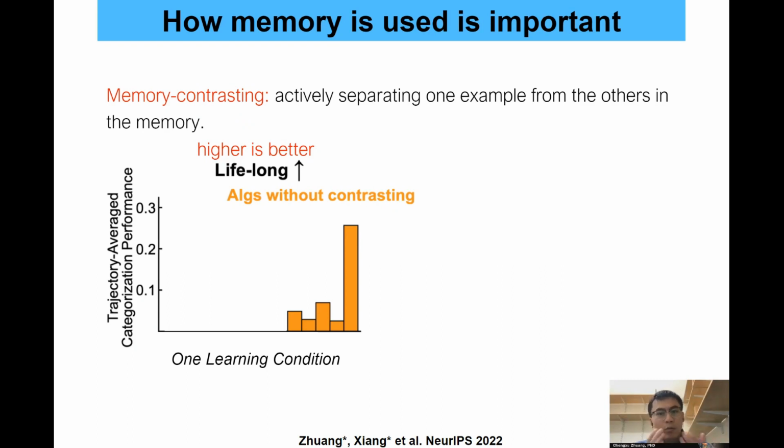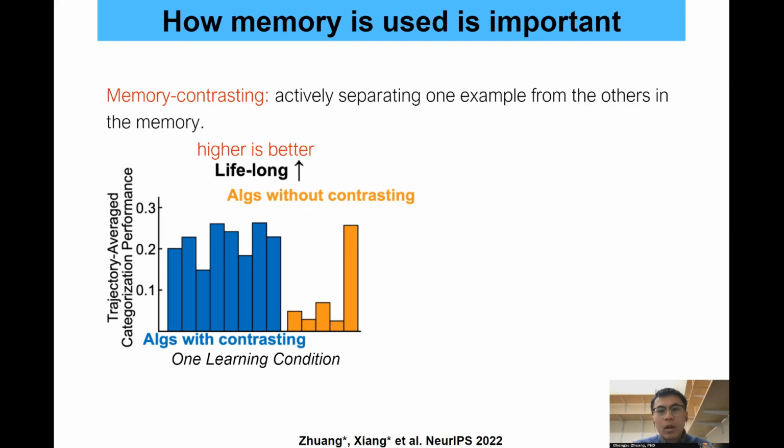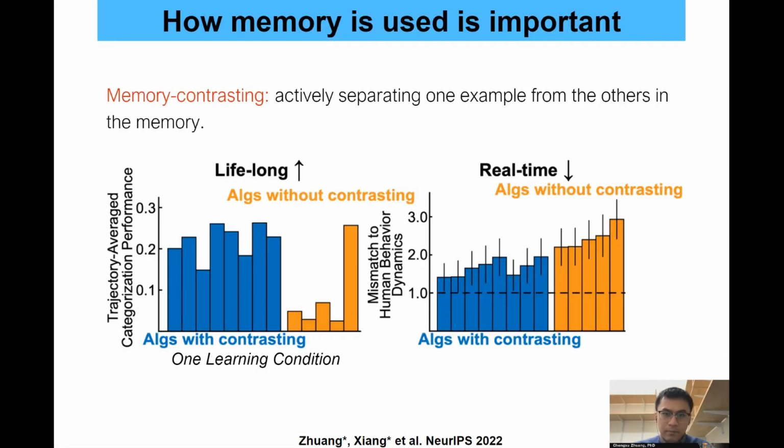What we can see is that when evaluated on this, algorithms without memory contrasting really mostly failed on this time scale. Although there is one algorithm that does not do so badly, this algorithm totally failed in the real-time benchmark. This is the MAE algorithm that's actually the most popular unsupervised learning algorithm right now. But the algorithms with contrasting consistently outperformed algorithms without contrasting.